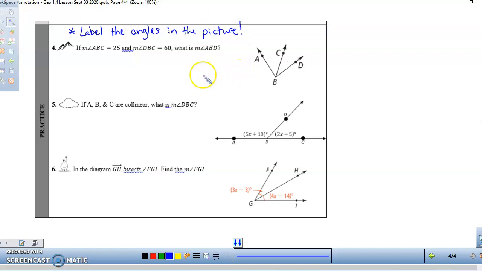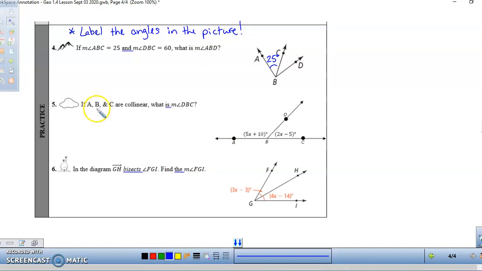Whether you're doing segments or angles, label the picture. So just to start, if the measure of angle ABC, so I'm going to identify ABC. ABC would be this angle here. And I know that that's going to be 25 degrees. So I'm going to label that in there. Okay, and then I'm going to go on and label the next one and then answer the question. But you want to label the picture.